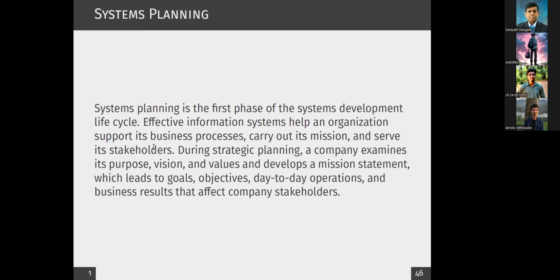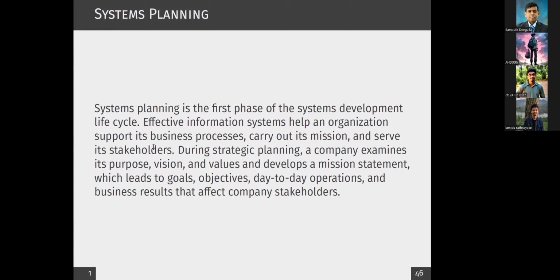When we plan something long-term, we call it strategic planning. We have to consider the purpose, the vision, and the values, and then develop the mission statement. This leads to the goals, objectives, day-to-day operations, and the business results that affect company stakeholders.